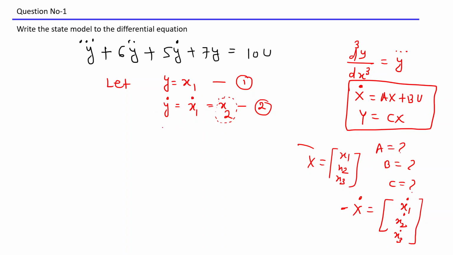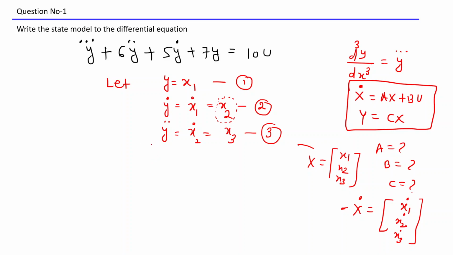Now your y dot equals x2, so taking the double derivative, on the left side you get y double dash, and on the right side, since y dash equals x2, its derivative is x2 dot. Now let's assume that it is some variable x3. So this is equation number 3.